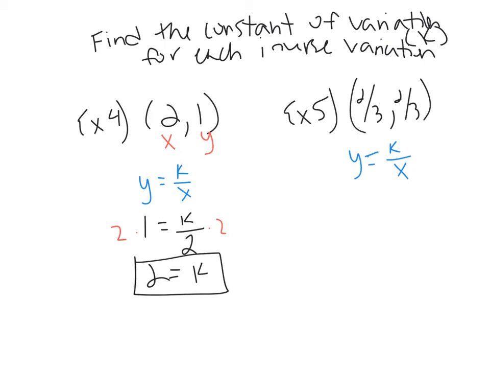I have an x and a y, so let's plug them in. My y value is 2/3 and my x value is 2/3. So how do we isolate the k to find that constant of variation? We're simply going to multiply both sides by 2/3.